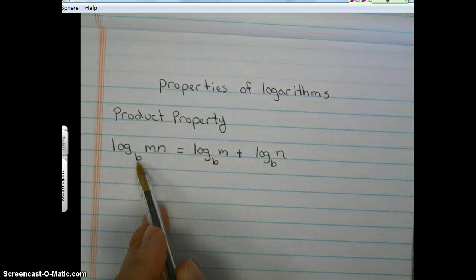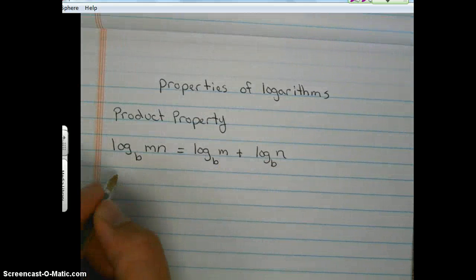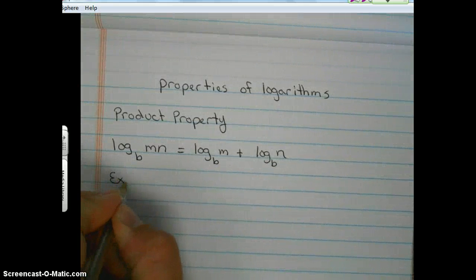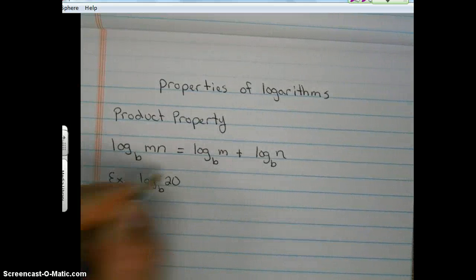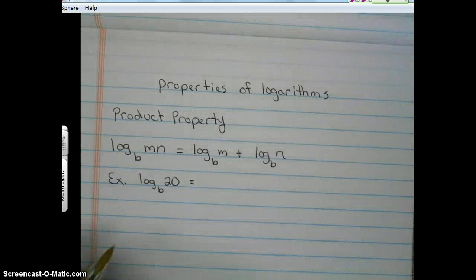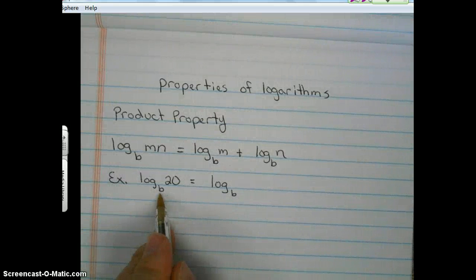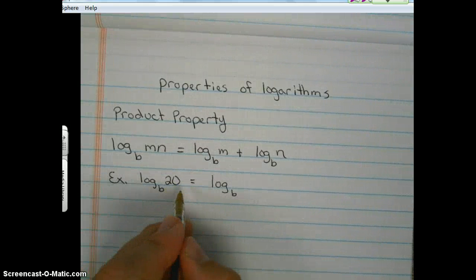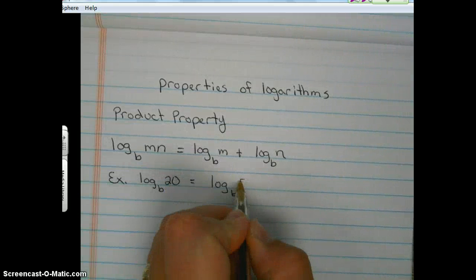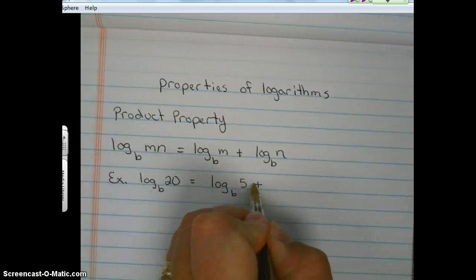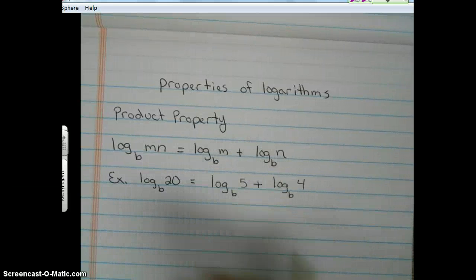Notice the base stays the same. So if I have, let's look at an example, log base b of 20, that is going to be log base b, whatever number that is, and let's think of two factors of 20, 5 plus log base b of 4.